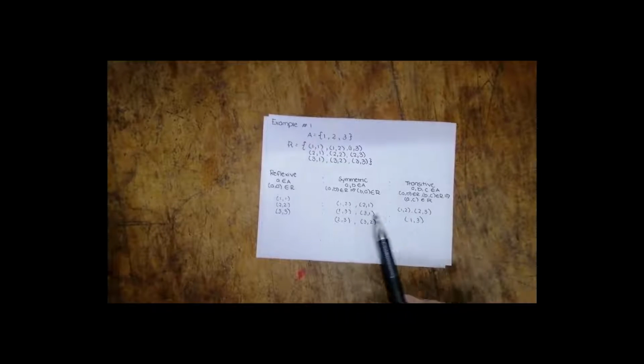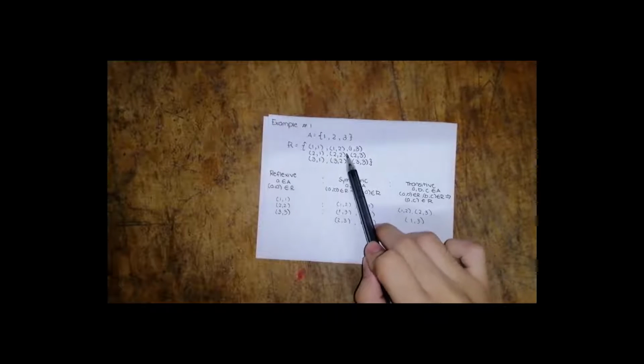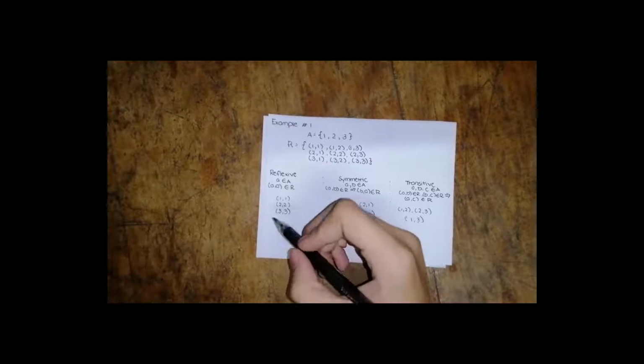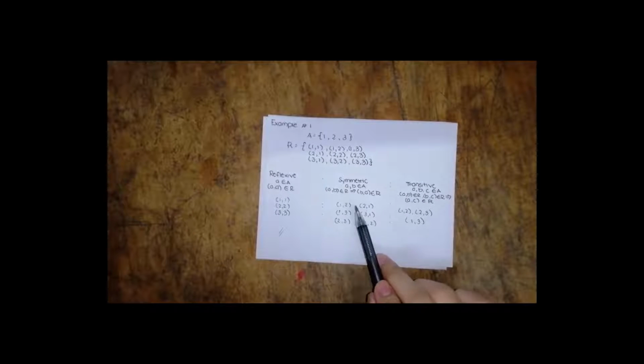So now, if these ordered pairs are present in the relation, then it is reflexive. If this ordered pair is also present in the relation, then it is symmetric.